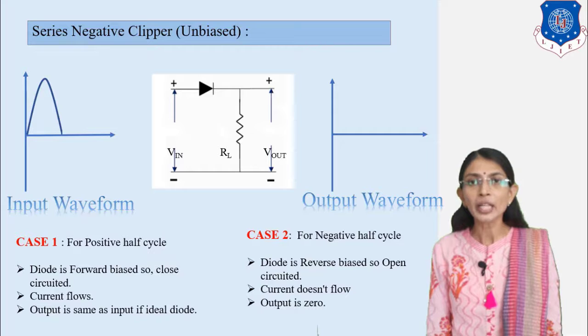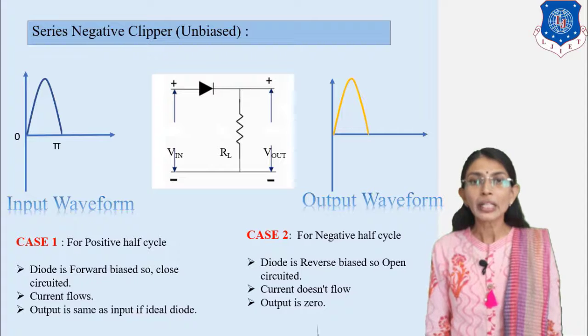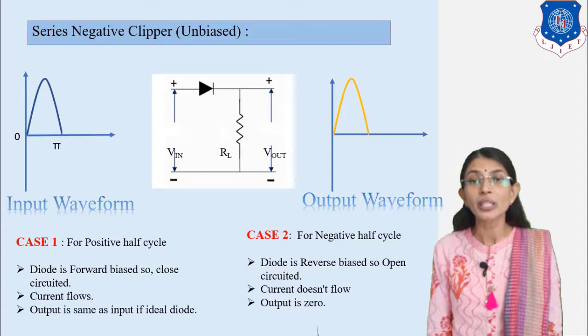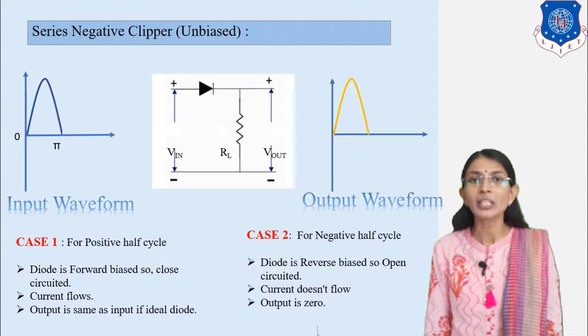So we can draw the output waveform, which will be exactly the same as the input between 0 to pi. So let's draw the output waveform. Output equals input. That means the output follows the input exactly during the positive half cycle between 0 to pi.